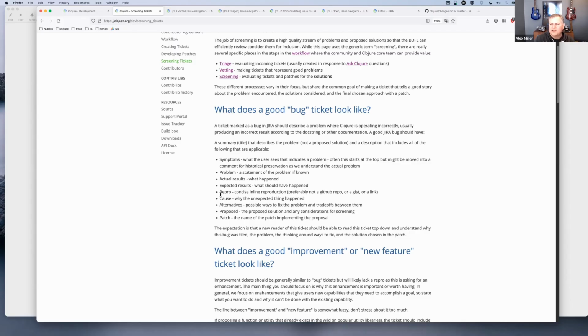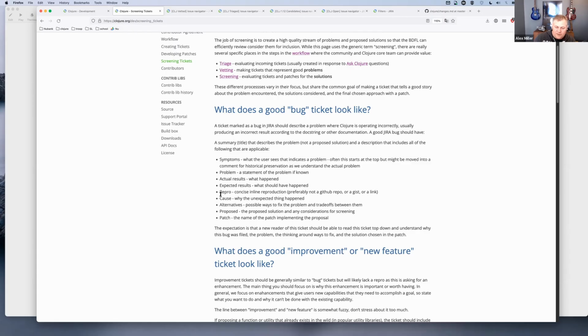So they experienced this thing. The reason they experienced it is because of some root cause. Here's some ways we could fix that. Here's the one I picked. Here's the description of the patch that implements that thing. I should be able to read through that whole ticket and have a really good idea of what happened, how we're proposing to fix it, and all that kind of stuff.